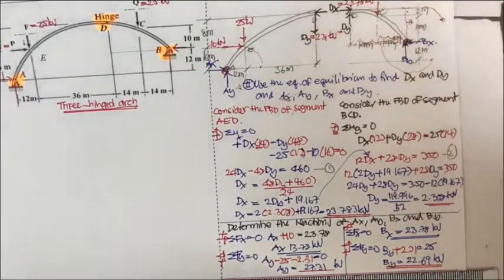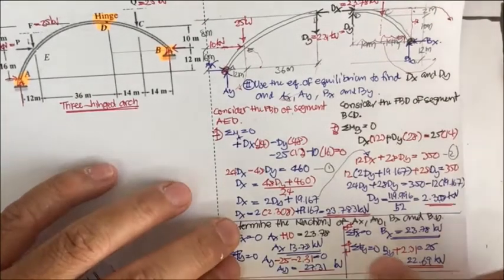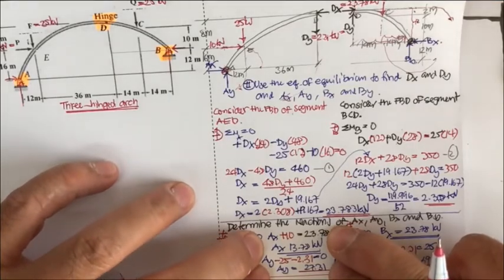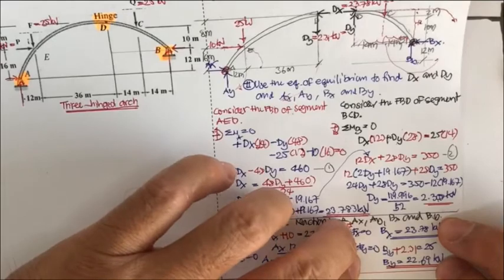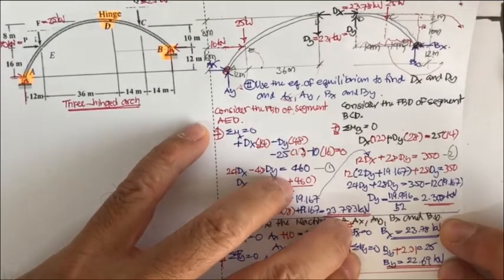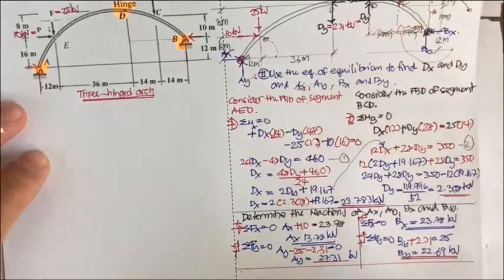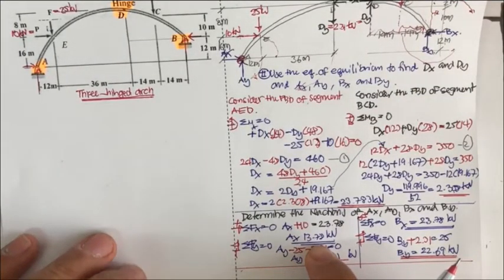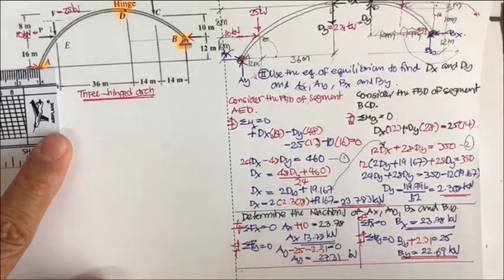And you may consider these forces as the components of the resultant force at A, and this also the resultant force at B. If you do the scaling, okay, let's see, this is 13.78 divided by 2, that's about 7 millimeter.